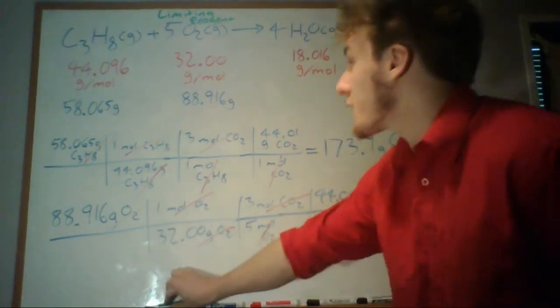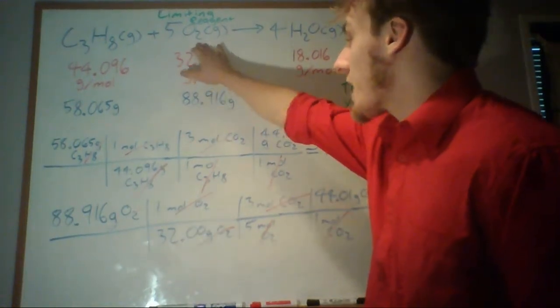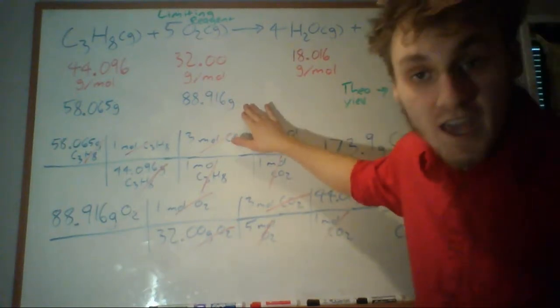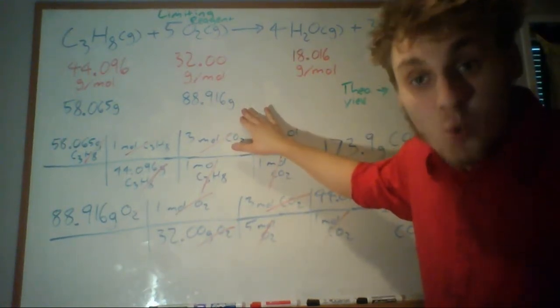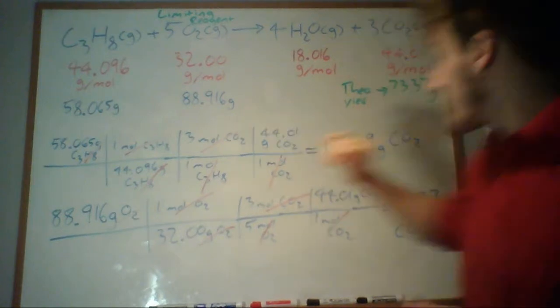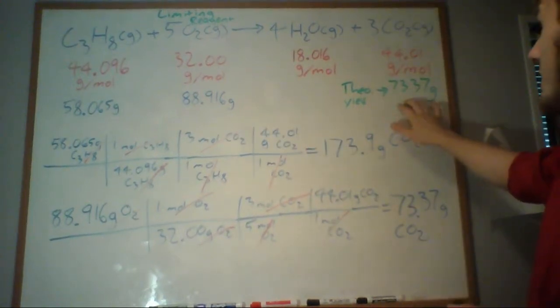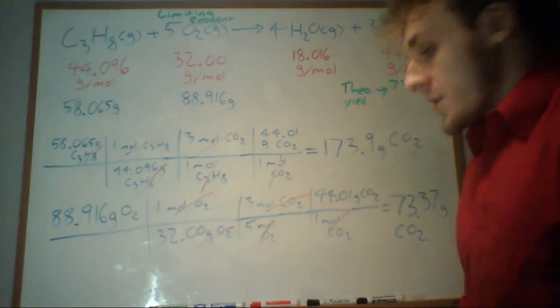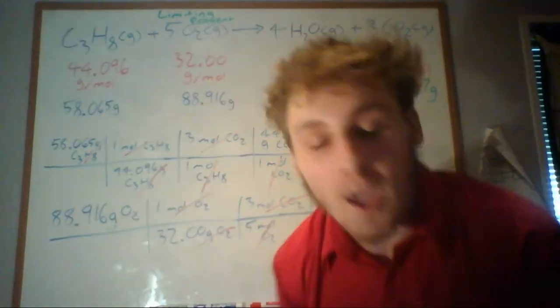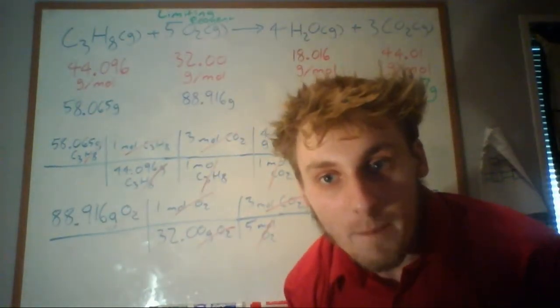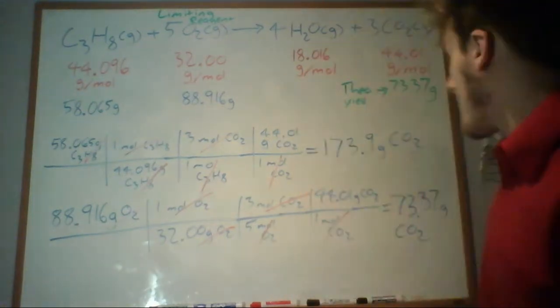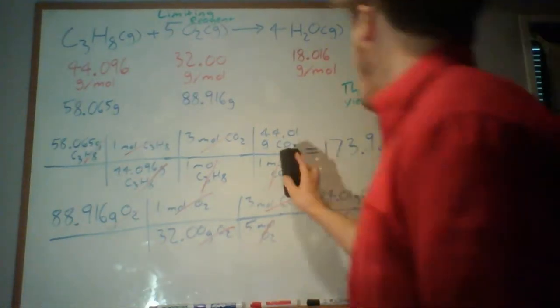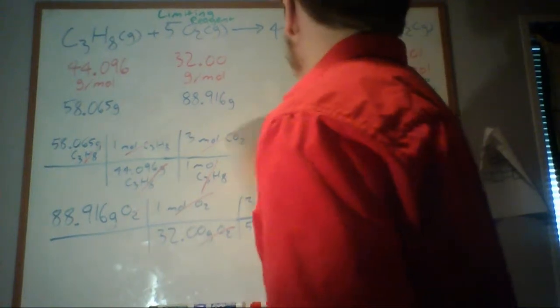In theory, if all of this oxygen reacts and goes to completion, we should be able to produce this many grams of our carbon dioxide. But why don't we calculate the percent yield now based off of our theoretical yield? So let me erase some of this and I can make some space.